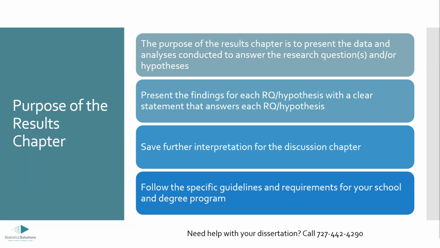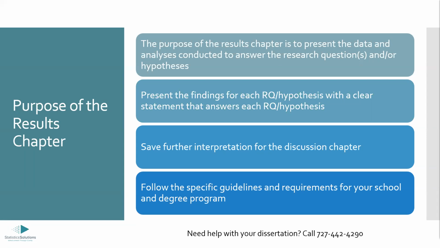The main purpose of the results chapter is to answer those research questions and hypotheses and to explain the analysis that allowed you to arrive at that answer. You don't really want to go into deeper interpretation of those results and what they mean, because that's what the discussion chapter is for. So you want to save further interpretation of the results for the discussion chapter and just focus on the answer to the research questions.